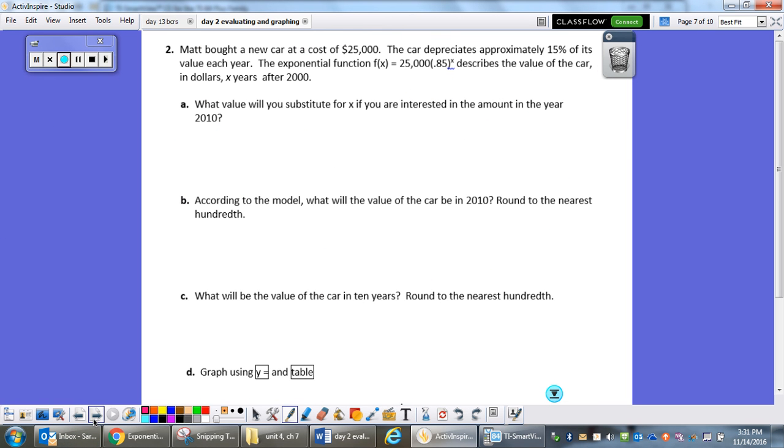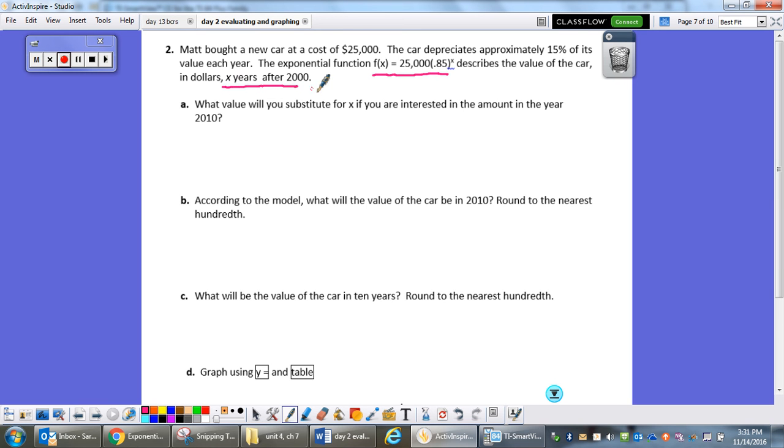Another example would be when Matt buys a new car at the cost of $25,000. The car depreciates approximately 15% of its value each year. The exponential function f of x equals 25,000, so the car started at 25,000 and it's depreciating, so it's going down. So that is your equation. It's x years after 2000.